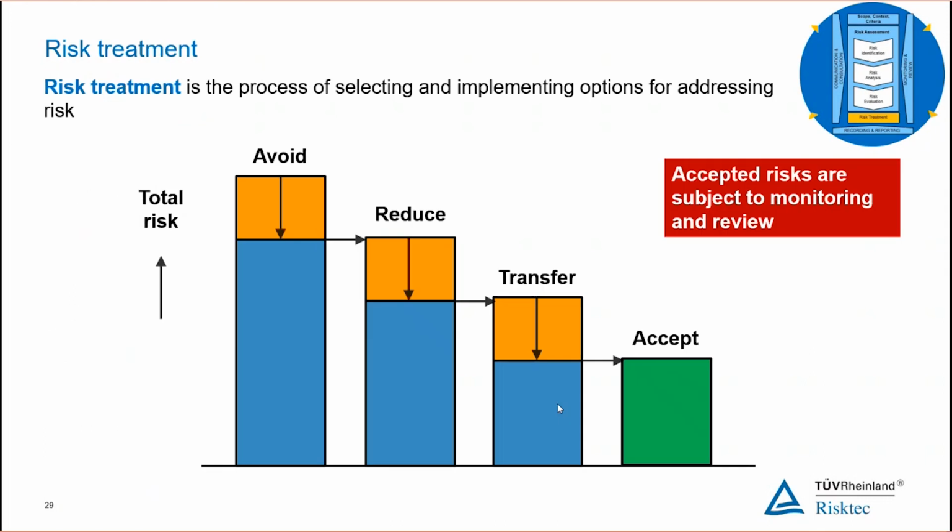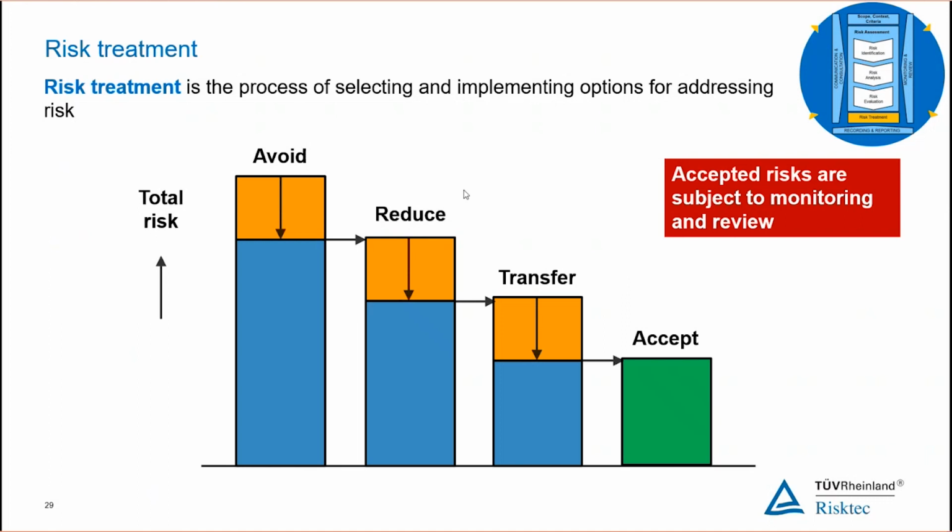If we're not good enough, then we can start looking at risk treatment. There are basically four things we can do with treating a risk. We can avoid the risk. We might choose to say that this building is no longer safe, we cannot continue to use this particular part of the building, and so we avoid the risk. Obviously that takes away the risk, but it's very, very disruptive.